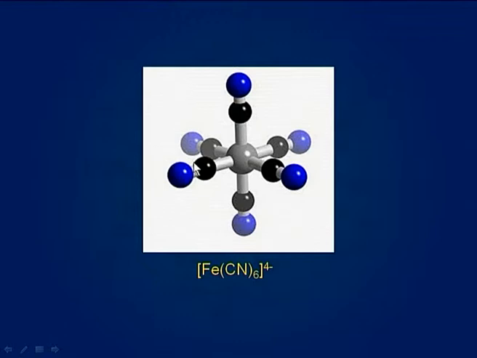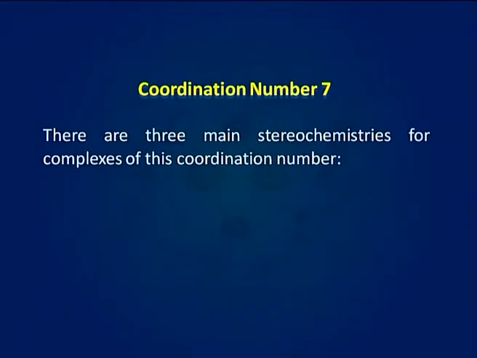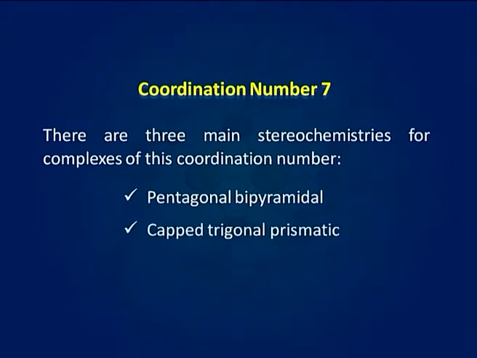There are 4 equatorial bonds and 2 axial bonds. Now we will discuss coordination number 7. There are 3 main stereochemistries for complexes of this coordination number: pentagonal bipyramidal, capped trigonal prismatic and capped octahedral.